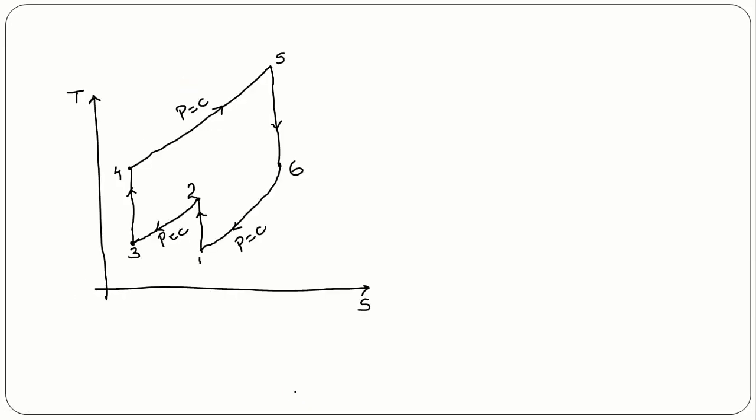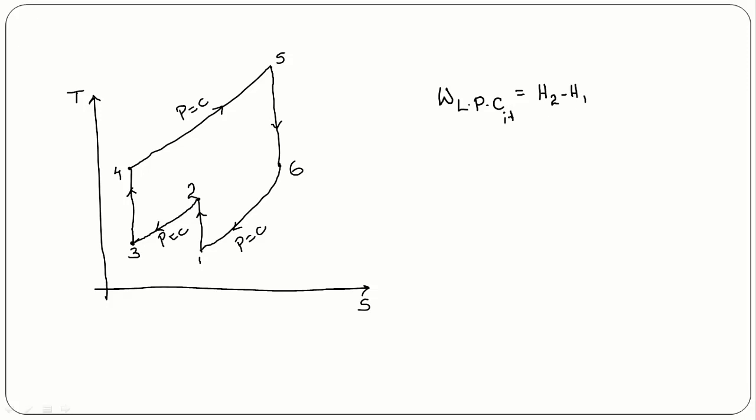Now let us take the work input to the low pressure compressor. This ideal work input is H2 minus H1.